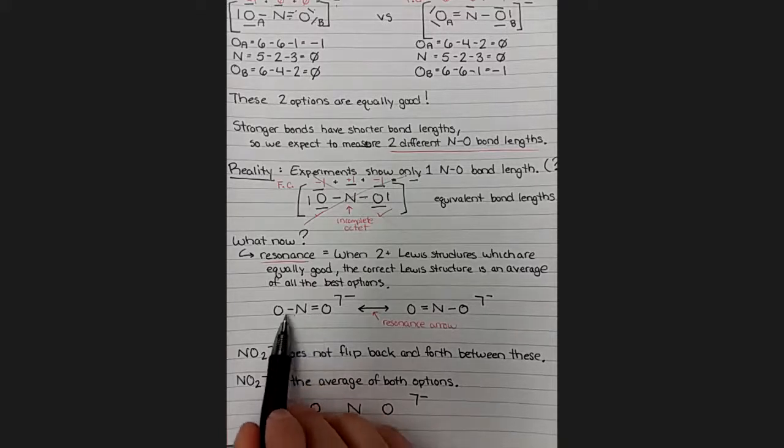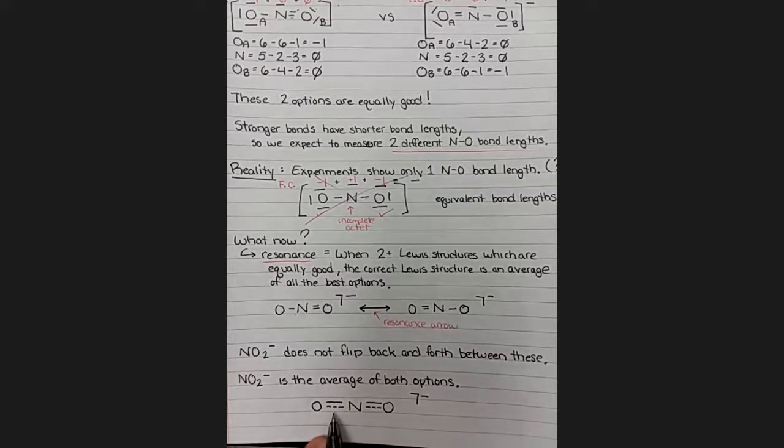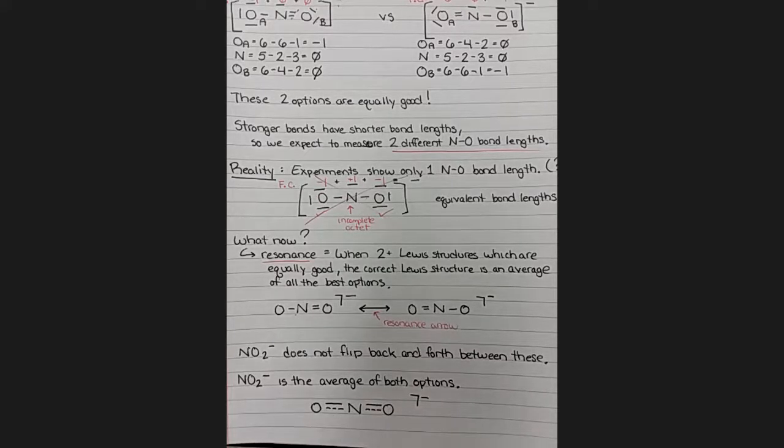So an average of 1 and 2 is around 1.5. So sometimes you'll see your textbook draw each of these bonds as being 1.5 bonds with one solid line and one dashed line. So this would be the way you could represent the structure with a single Lewis structure.